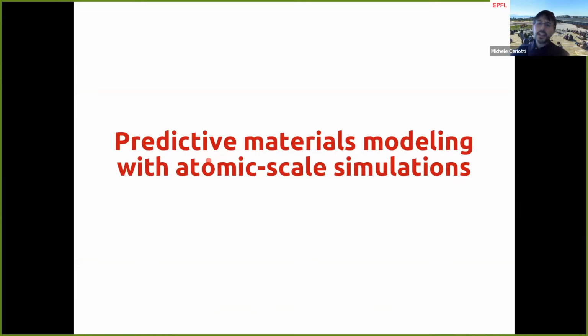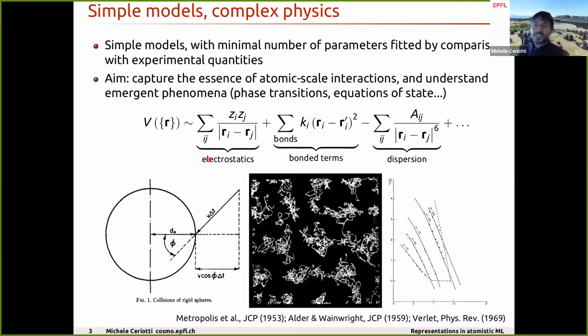Before I start, I want to put this a little bit in the context of my own domain of application, which is the modeling of materials and molecules at the atomic scale. I really want to give some kind of historical perspective, with a paperback from the 50s.